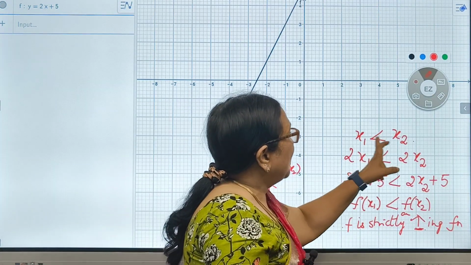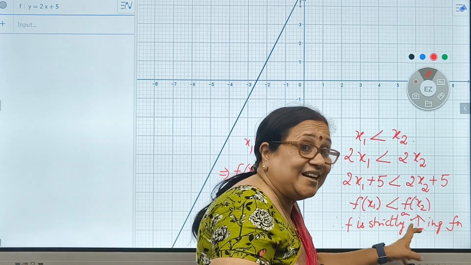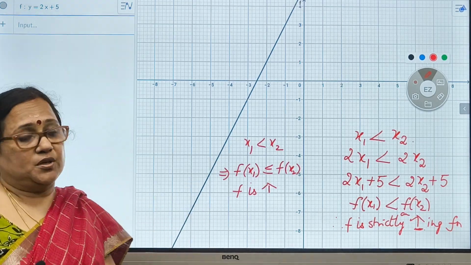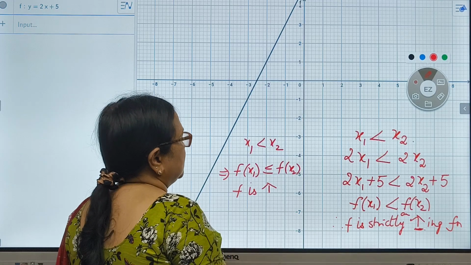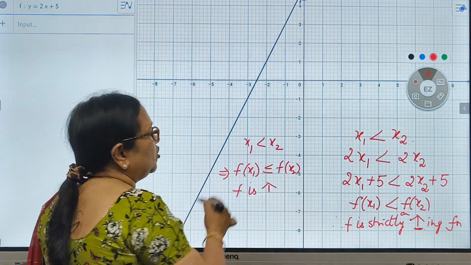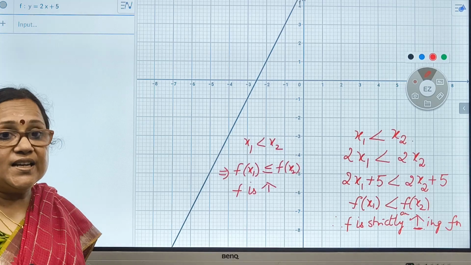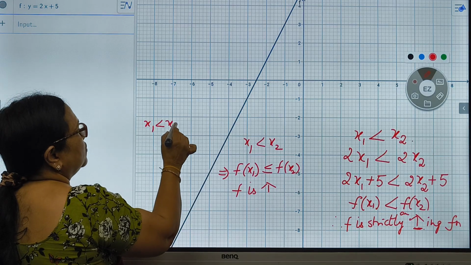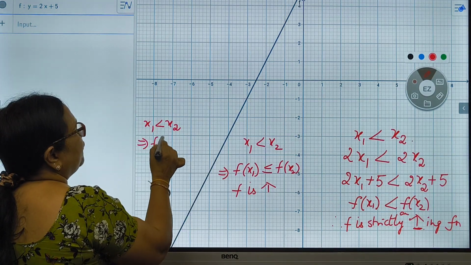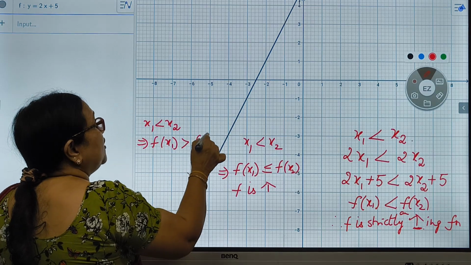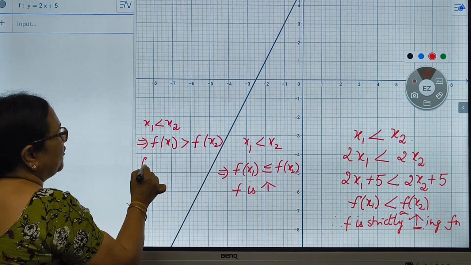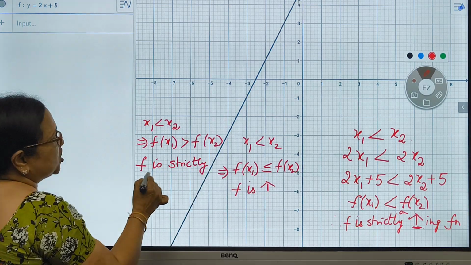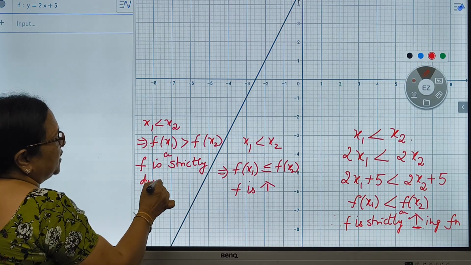So when you have x1 less than x2 implies f of x1 strictly less than f of x2, we call f a strictly increasing function. If x1 less than x2 implies f of x1 is less than or equal to f of x2, we say f is increasing. Now, if x1 less than x2 implies f of x1 is greater than f of x2, we call f a strictly decreasing function.